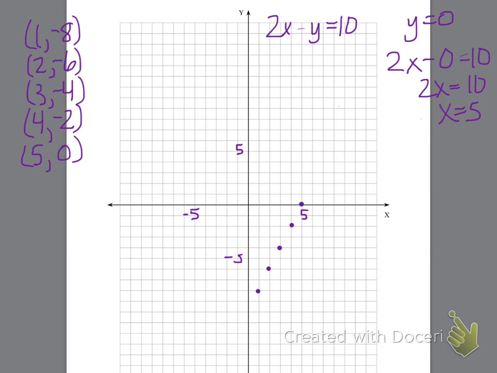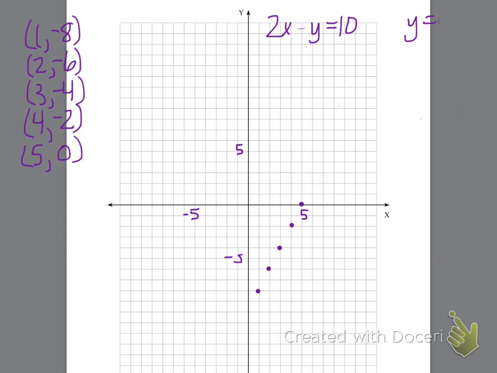I forgot. I was thinking when x is 0, but what about y being something bigger? I want to know what happens to the graph when I get further up the y-axis. So let's pick y equals 5 and see what x is.